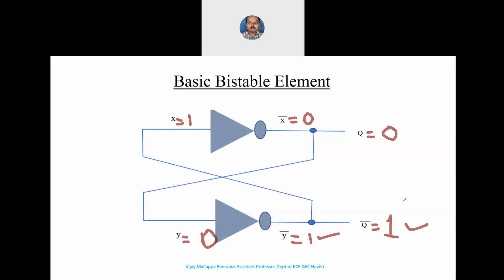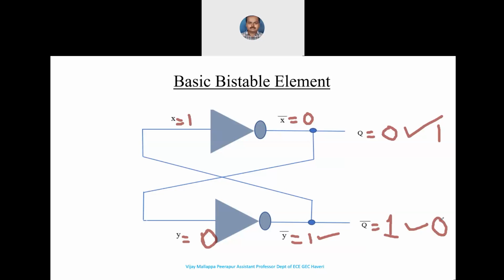As I say here, we have Q and Q bar. Q is the normal output, and Q bar is the complementary output. If Q is 0 here, the Q bar will be 1. Similarly, if Q is 1, the Q bar will be 0, because it is the complementary output. Everyone understood about this bistable element?